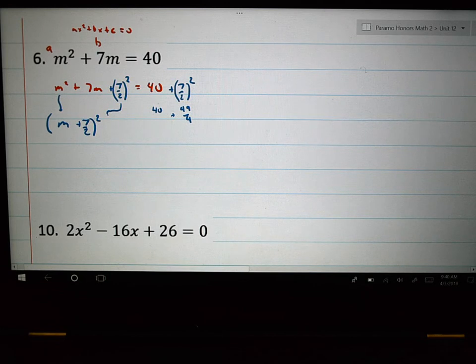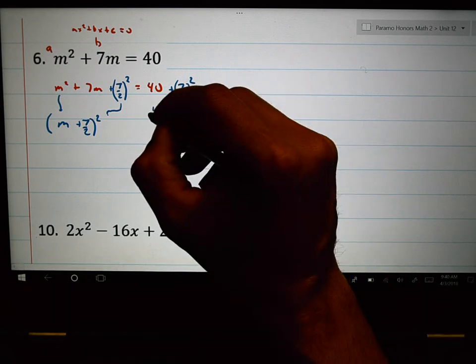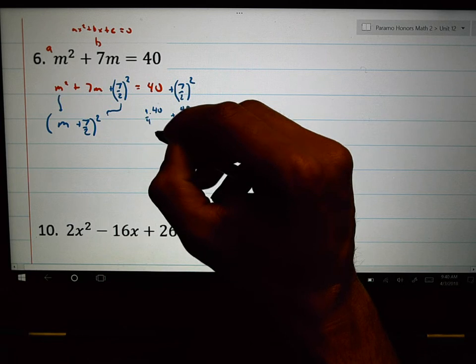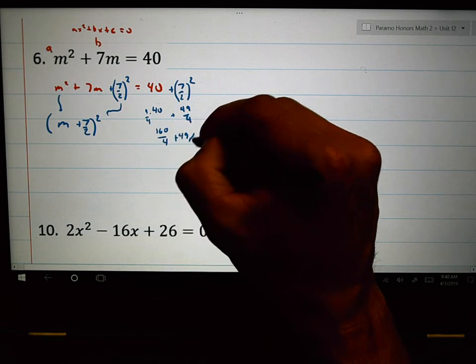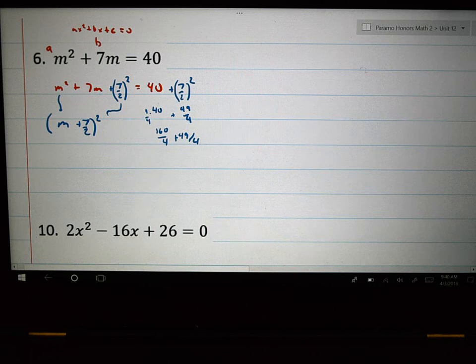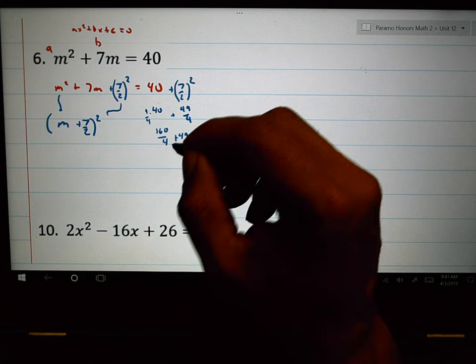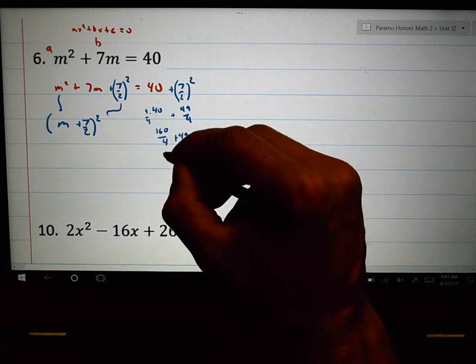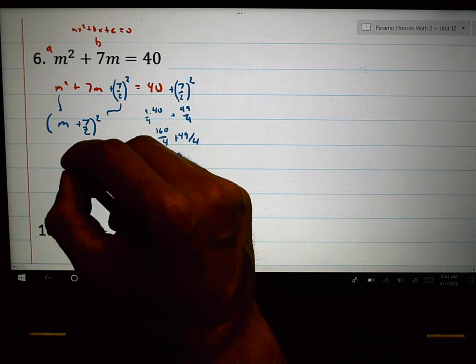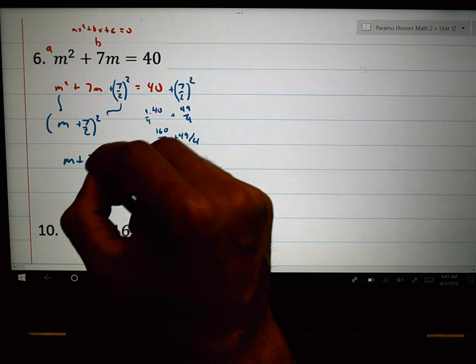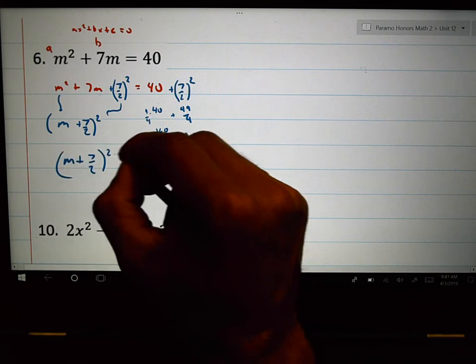So what I would do is find a common denominator, which is 160 over 4 plus 49 over 4. What is 160 over 4 plus 49 over 4? That is 209 over 4 equals m plus 7 halves squared.